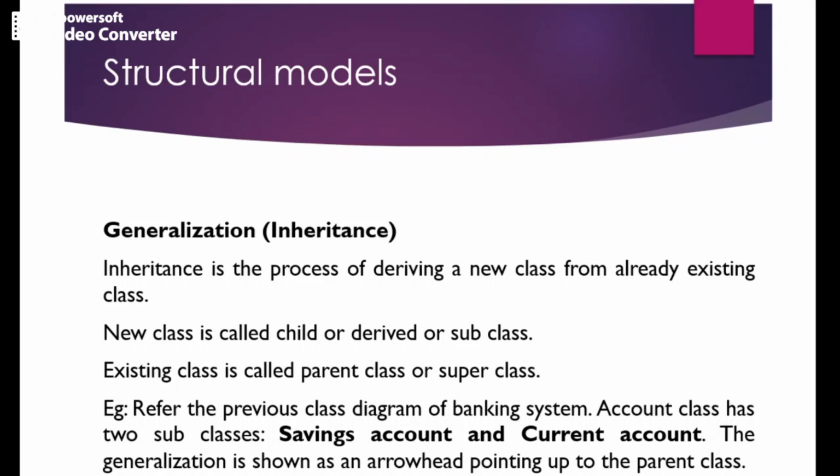That already existing class is called the superclass or parent class, and the new class is called the child class or subclass. Clear? So the new class can inherit the properties of the parent class. Also it can have some additional features or additional attributes.